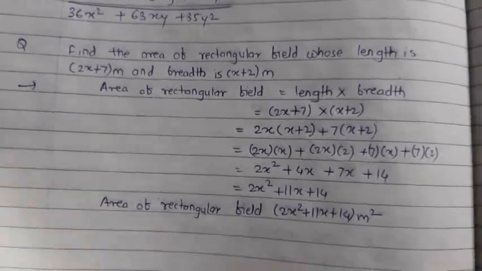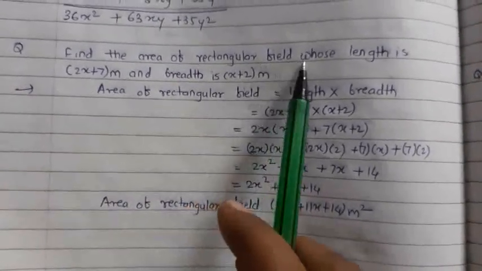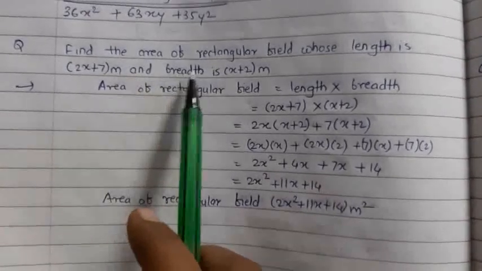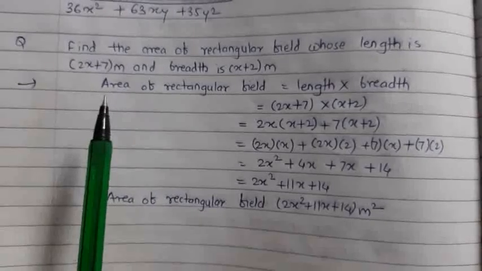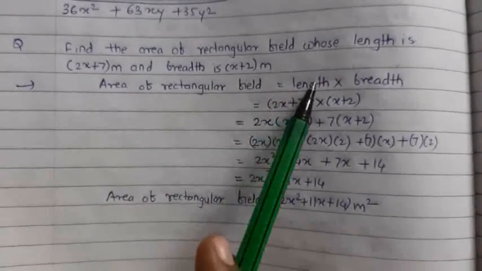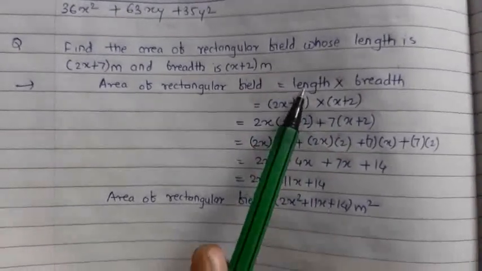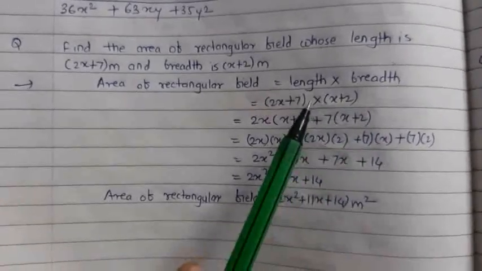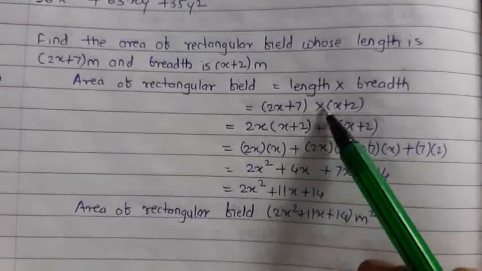For example, see, find the area of a rectangular field whose length is 2x plus 7 meter and breadth is x plus 2 meter. As we know, area of a rectangular field is length into breadth. As length is given 2x plus 7 and breadth is given x plus 2, we have to do this multiplication: 2x plus 7 into x plus 2.